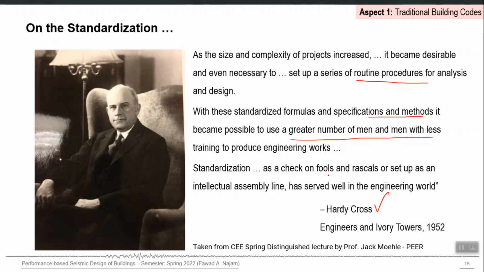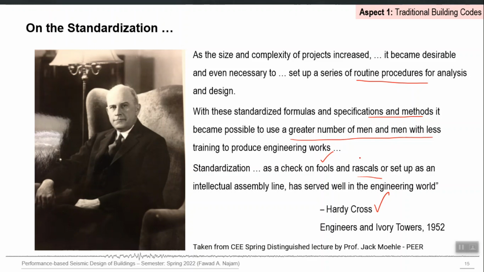Standardization as a check on fools and set up as an intellectual assembly line has served well in the engineering world. This is his typical phrase. Fools means those who do not know anything, and the other means that they know too much, right. So, he said that there should be a standardization which should be used as a check to quickly see that a particular analysis or design is okay or not okay, right.